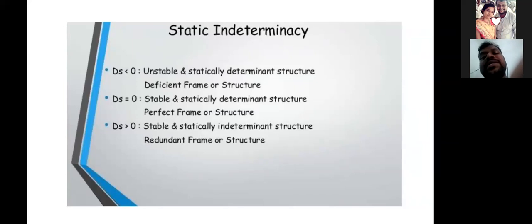If the structure is statically determinate, then the external static indeterminacy will be zero. If the DS value is greater than zero, then it is stable and statically indeterminate, a redundant frame or structure.